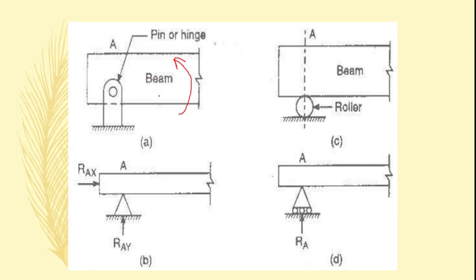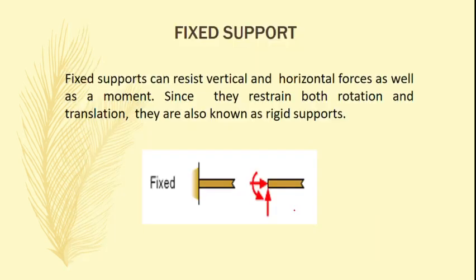That is why we get these two types of reaction forces, where one is parallel to the surface and one is perpendicular to the surface. But in case of roller, as we discussed, we get only one reaction force, which is perpendicular to the surface.